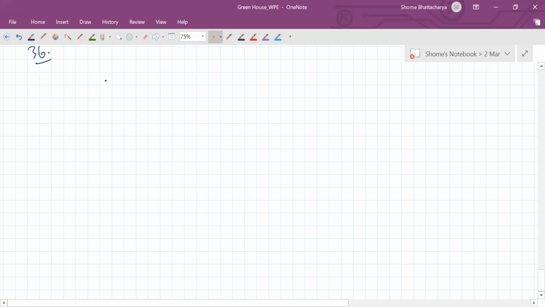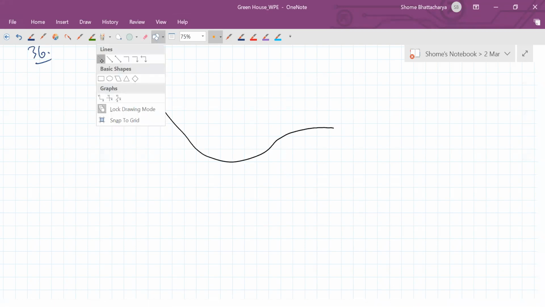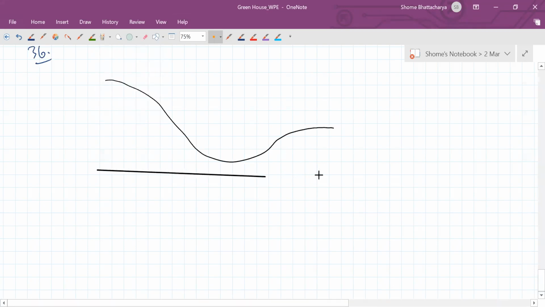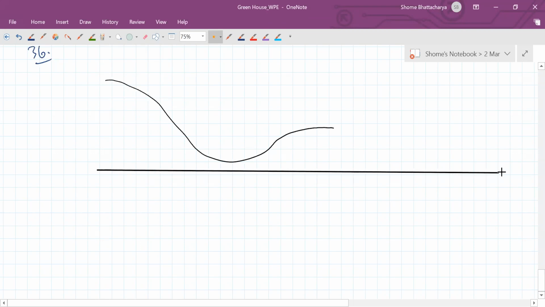So we have this kind of irregular track, and this section just at the end here is almost horizontal.